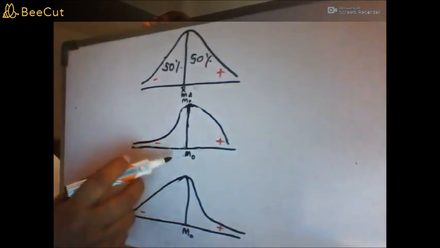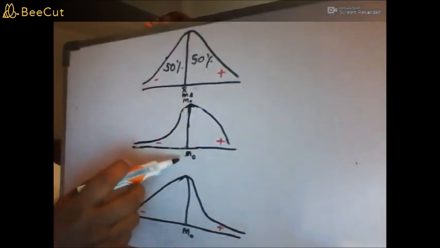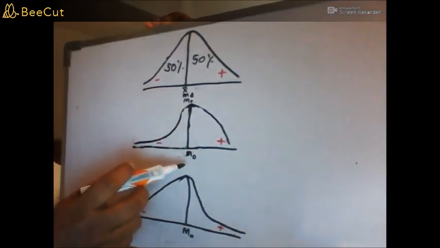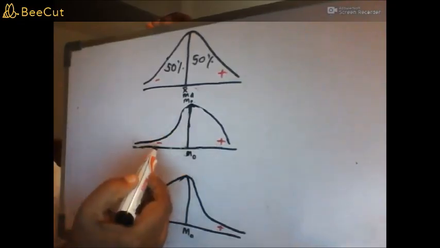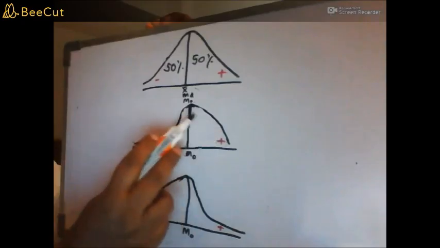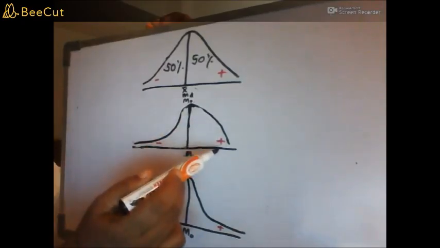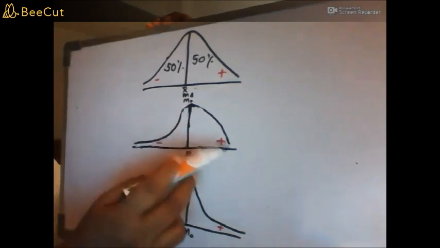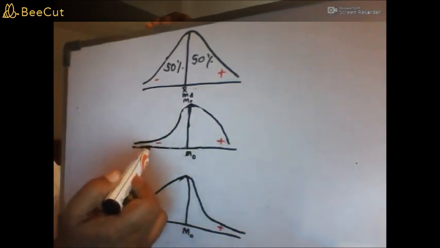Now if we go to this curve, this is the plus side, that means above the average. This is the minus side. Many students are on the plus side. That means many students have scored above the average, and a few students have scored low marks.